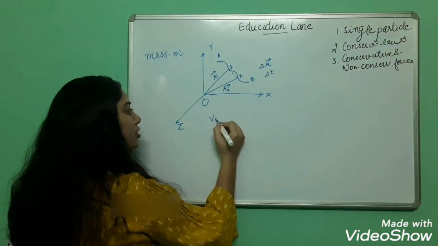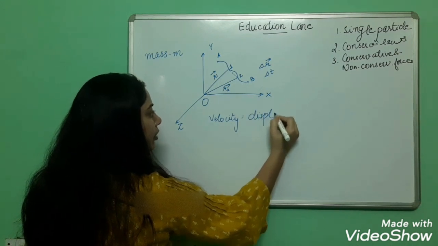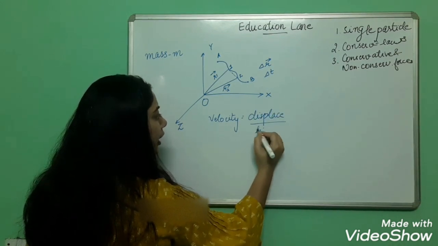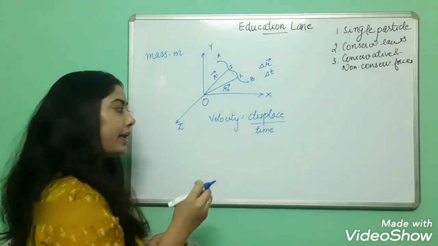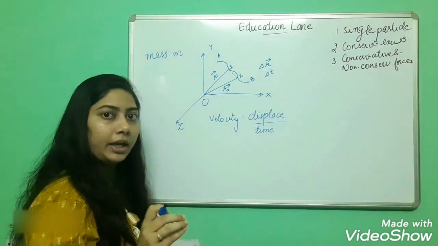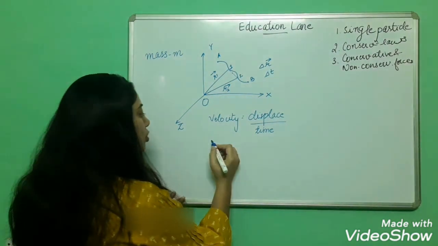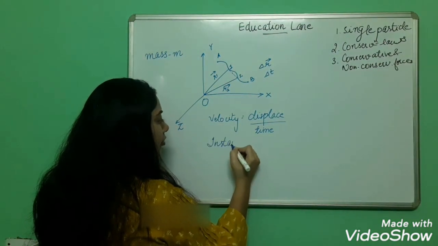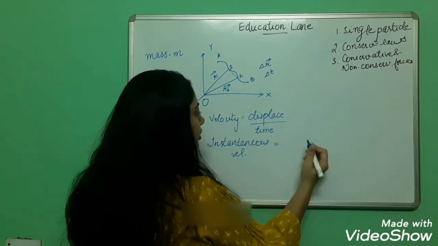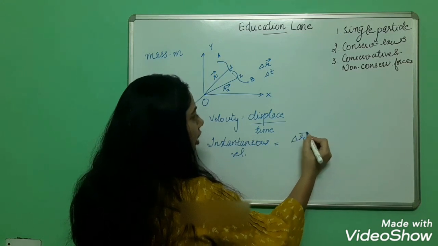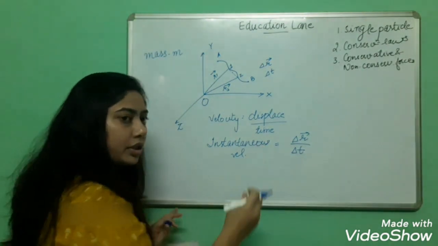You know velocity is equal to displacement upon time. So the instantaneous velocity means velocity over a small time, in which the particle covers a small distance del r. So instantaneous velocity will be del r upon del t. Got it?